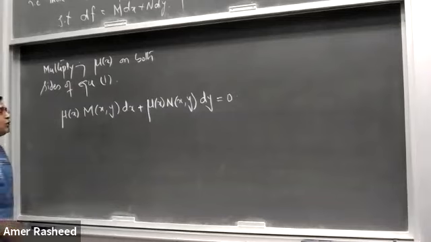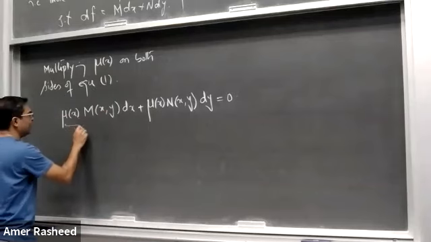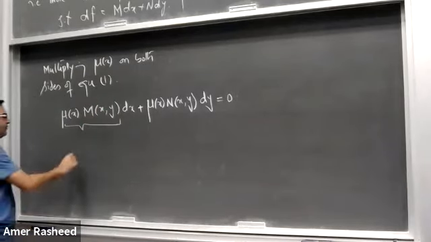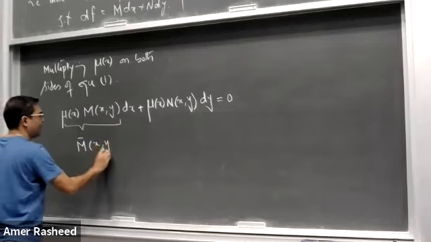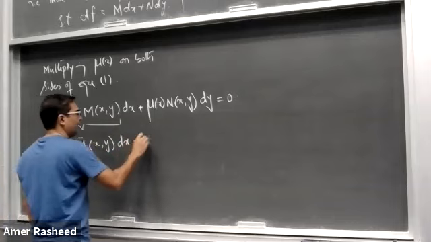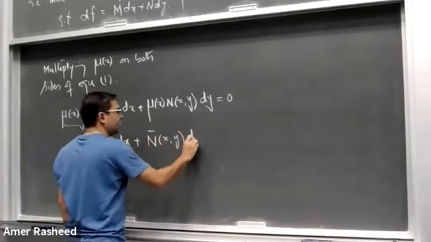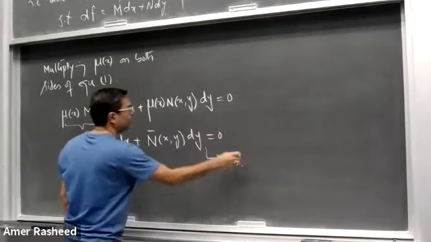So we obtain a new equation. Now this is our new M. We can call it M bar of x y dx plus N bar of x y dy equal to 0. We call it equation 2.